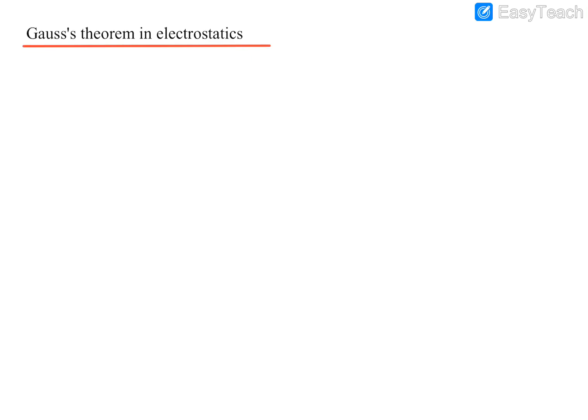In this lecture, I am going to discuss a very important theorem in electrostatics, which is Gauss's theorem. This theorem relates the electric flux associated with a closed surface with the amount of charges present in that closed surface.